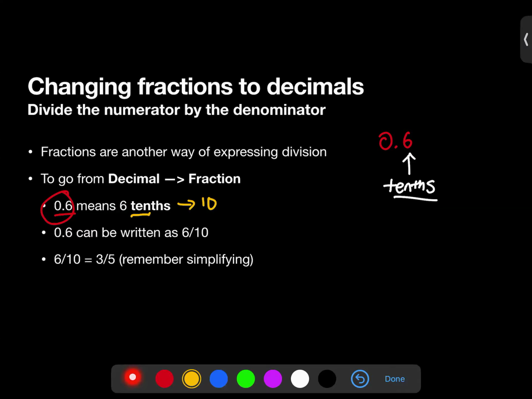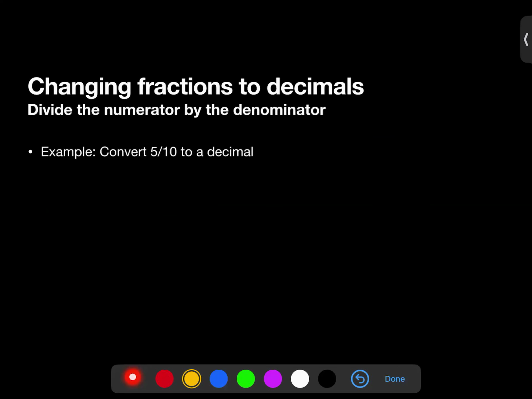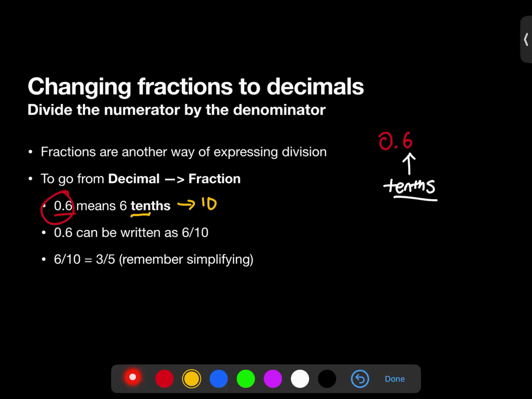So if we have 6/10, that simply means 6 over 10. So 6 by 10 equals 6/10. Does that make sense to everybody? So does everyone understand this?